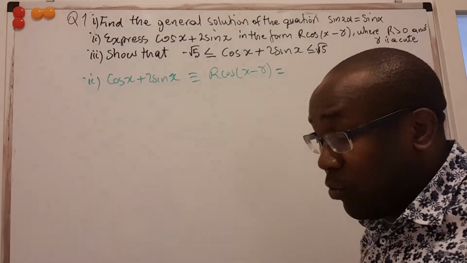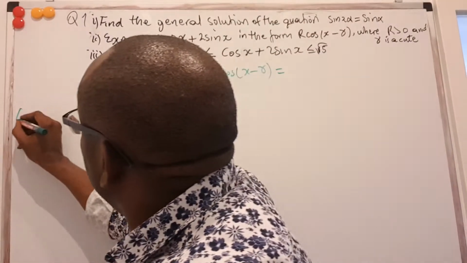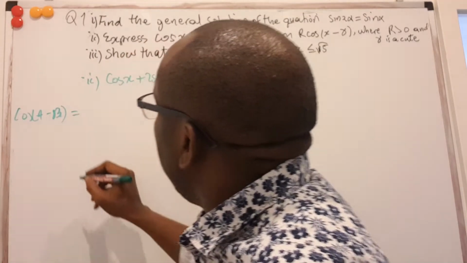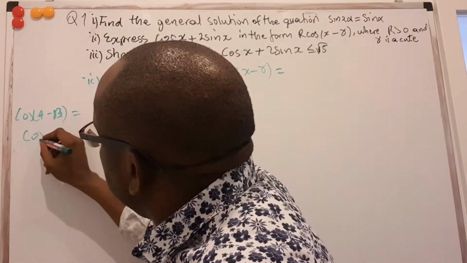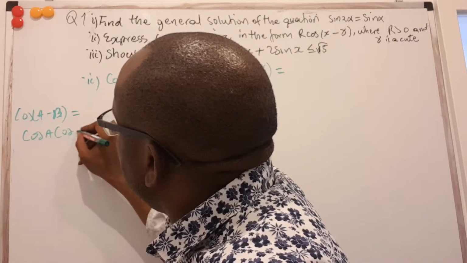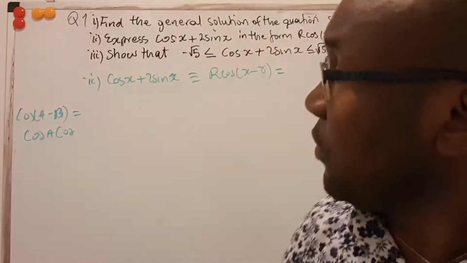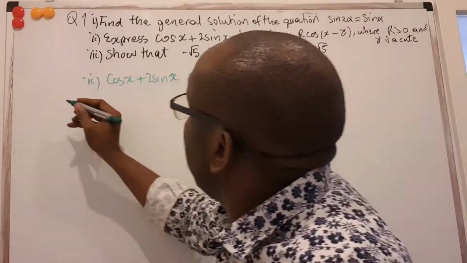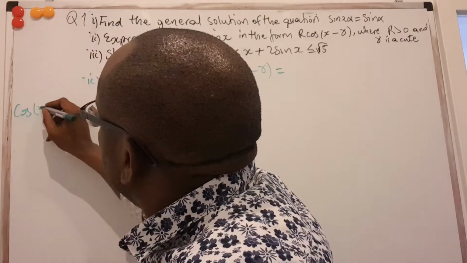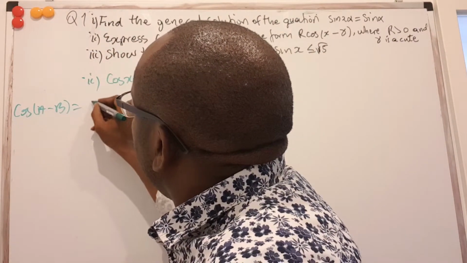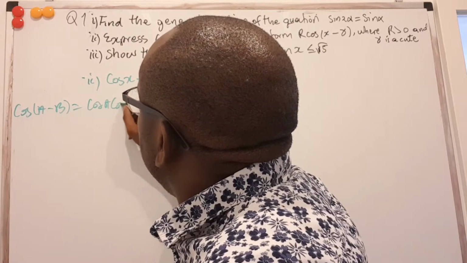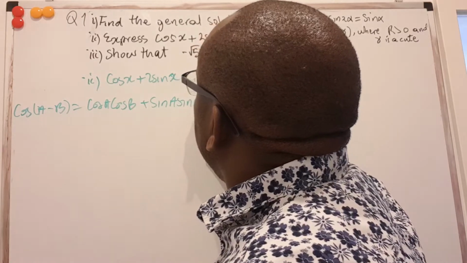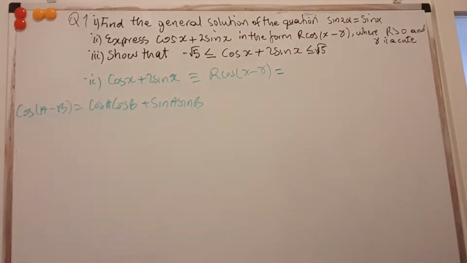Sometimes you'll be able to find that in a formula booklet, but the cosine of, for example, a minus b is given as the cosine of a, cosine of b, plus sine of a, sine of b. That you should have already seen in the past.